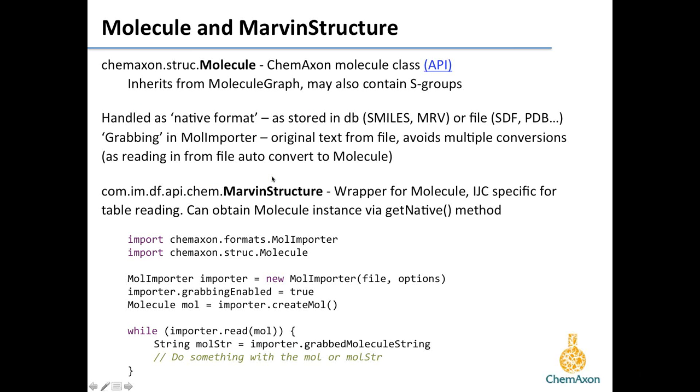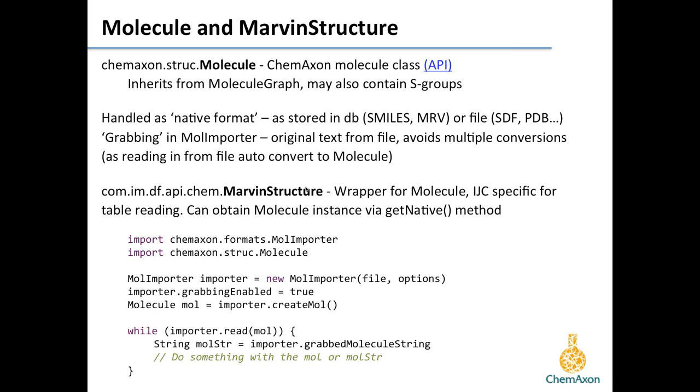So molecule itself, there's a bit of a tricky concept here that you may run into a lot, and that's a molecule versus a MarvinStructure. Molecule is the ChemAxon Molecule class that actually contains the chemical structure that we can do chemistry to, such as adding groups or adding bonds and the like.